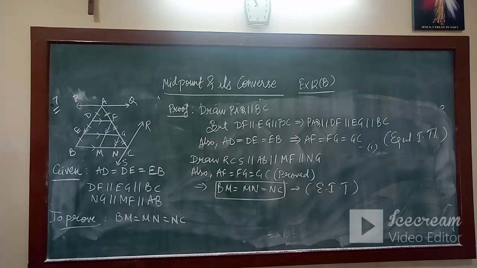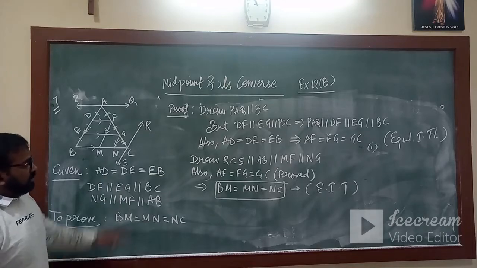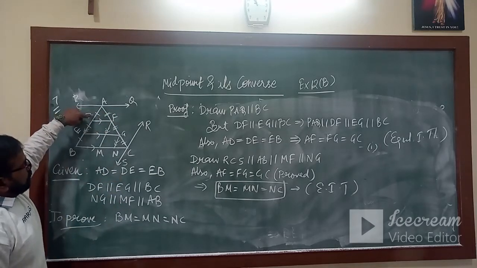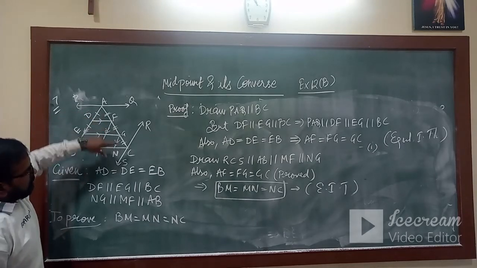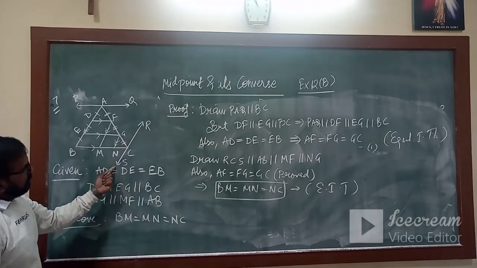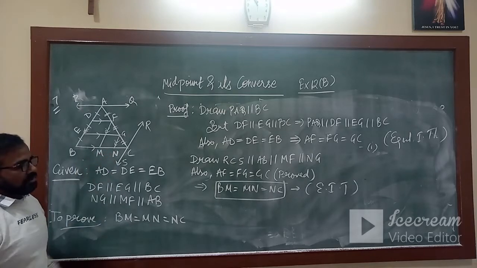Okay, so this is the good use of equal intercept theorem. We are able to prove that these three parts are equal to each other. First construction was this set of parallel lines. So already these were equal, so they become equal to each other. Next we will see the triangle like this. Again I have drawn one more parallel line. They are already equal to each other, so these three become equal to each other.